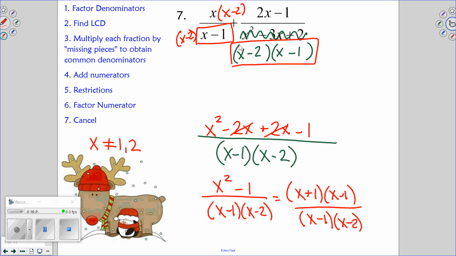And yes, I can cancel the x minus 1s. So it's just x plus 1 over x minus 2. The hardest part for students is finding the common denominator and then actually multiplying by what was missing. Dakota? Difference of squares. Yep.